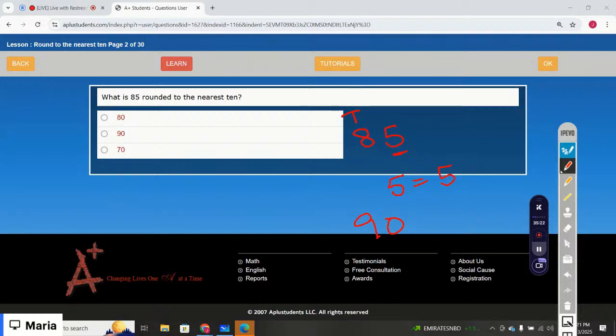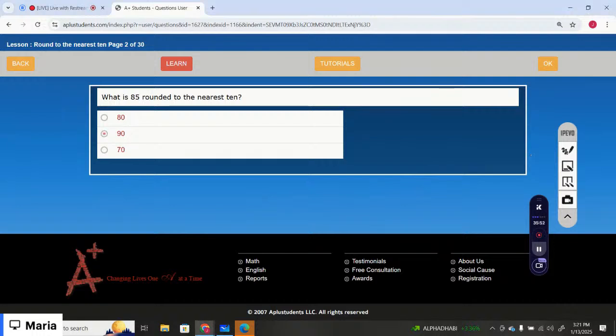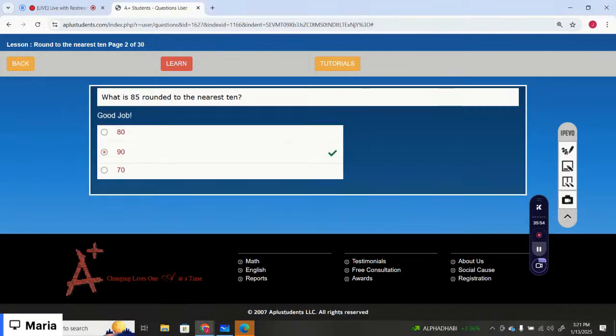So it would be rounded to 90. The correct option is 90. Option number 2 is the correct option.